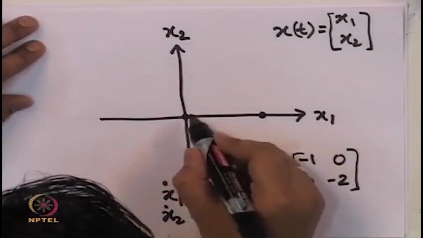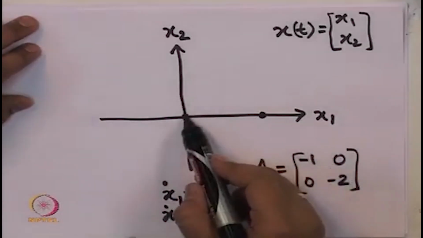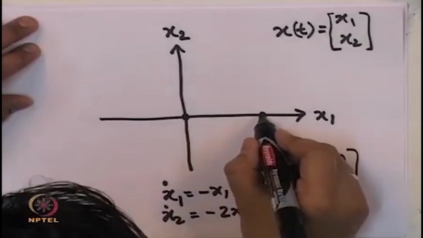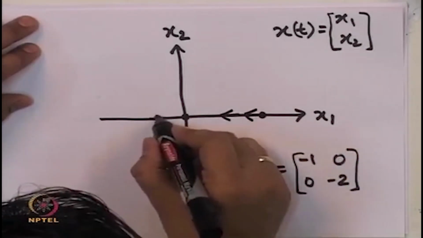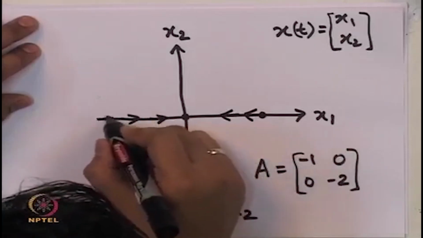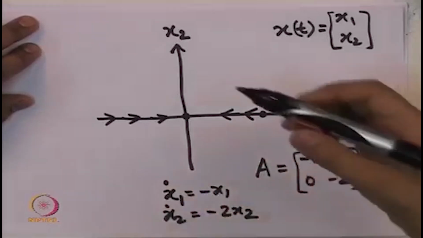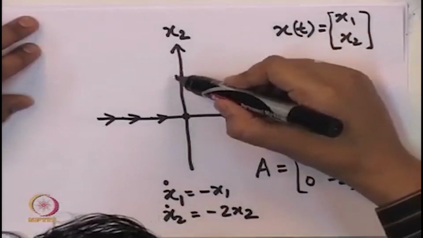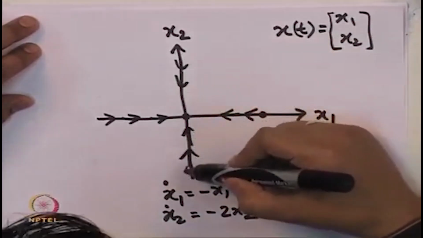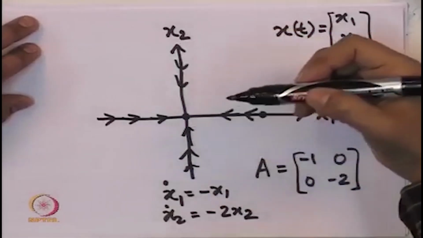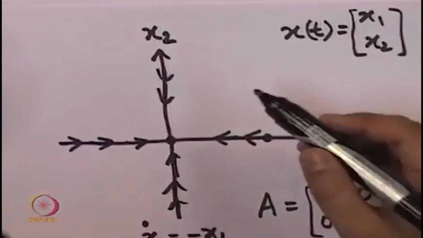The origin itself of course is an equilibrium point, because A is non-singular, the origin is the unique equilibrium point. Along the x1 axis, we see that all arrows are directed towards the origin. That is what this differential equation says. Similarly, along the x2 axis also, all arrows are directed towards the equilibrium point. Moreover, these arrows along the x1 and x2 axis are parallel to the x1 and x2 axis themselves.